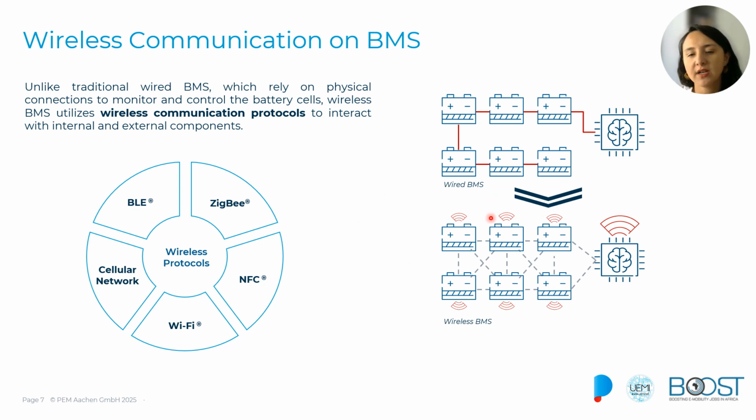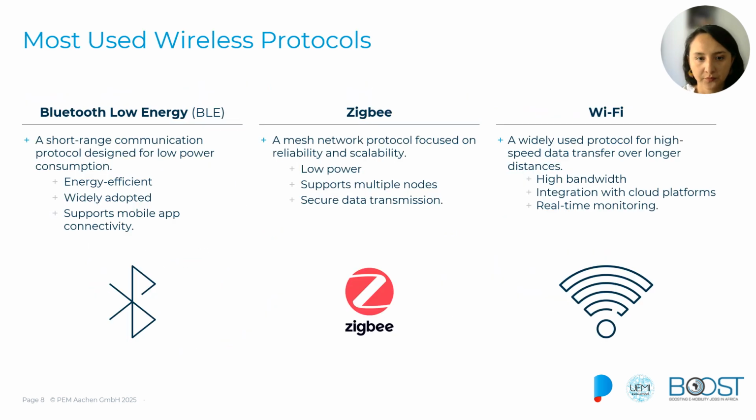Each option will have a trade-off between the power consumption, the data range, the range itself, and depending on the architecture of the wireless BMS, we will decide for one or for the other. So when we are transitioning to a wireless BMS, we can choose, as I mentioned, from several popular protocols that are used already to implement wireless solutions.